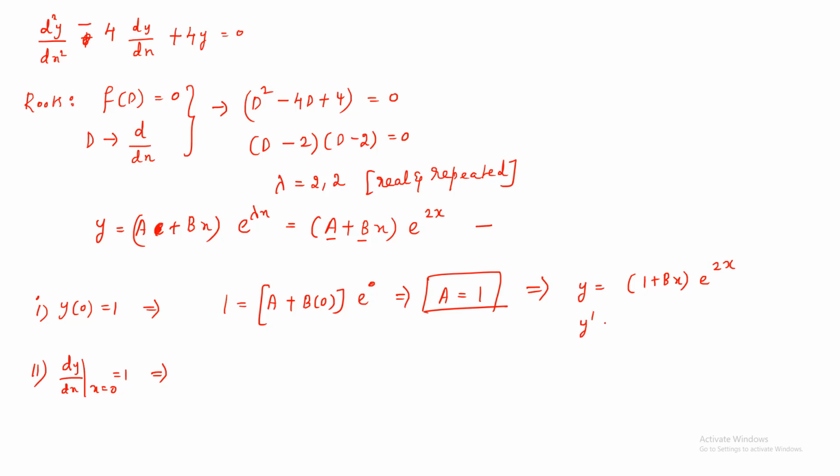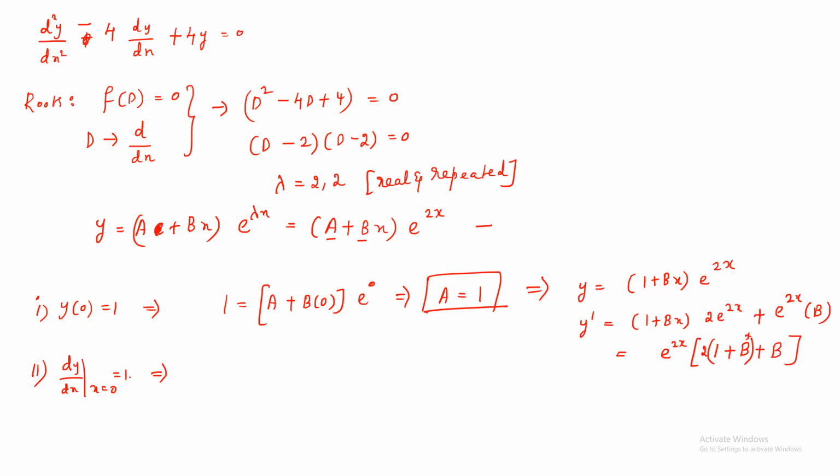If we find the first derivative, we will get (1 plus bx) times 2 e power 2x plus e power 2x into b. Then e power 2x is taken common, and we will get 2 into (1 plus bx) plus b.